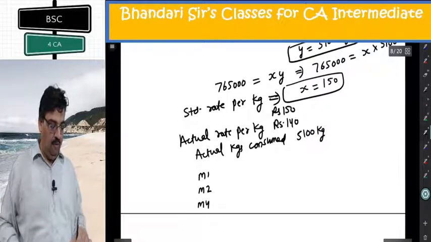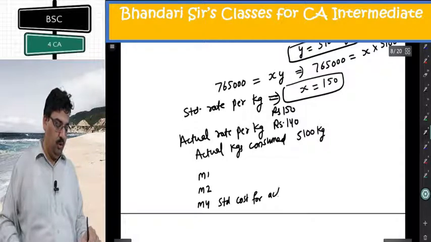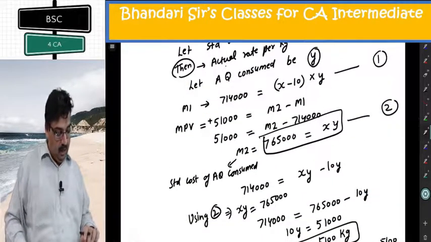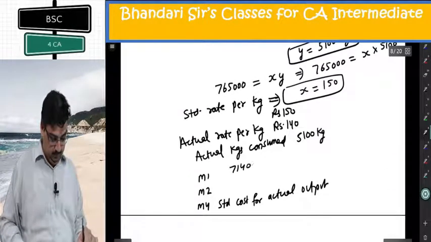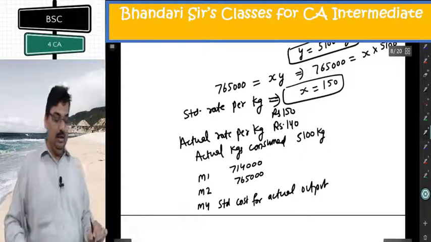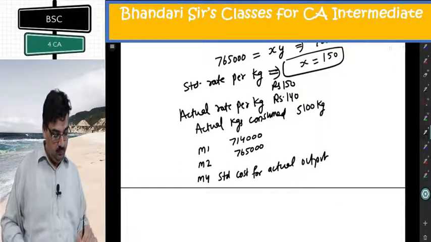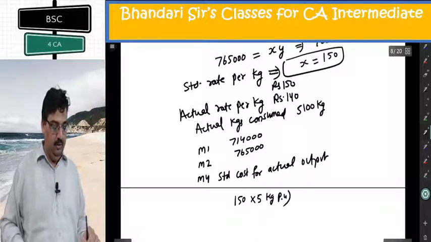M1, M2, M4. M4 is standard cost for actual output. So M2 765, M1 given 714. Let us concentrate on this. 150 per kg multiplied by 5 kg per unit.